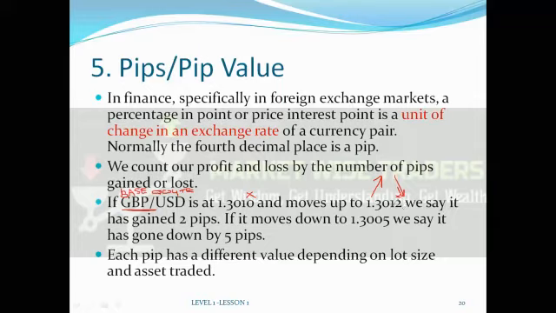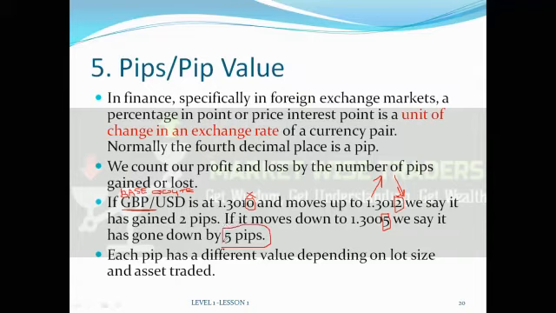So basically the pip is this 4th unit. That's how we count the pip. So it gained 2 pips. If it moves down to 130.05, what's the difference there? 130.10 to 130.05. It has gone down by 5 pips.